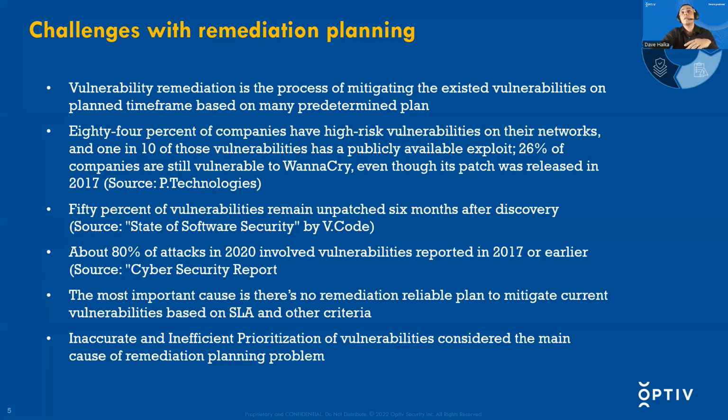Can you imagine? We still found Log4j in many companies, in many resources. And also 50% of the remaining vulnerabilities are unpatched within the last 6 months. And about 80% of the attacks in 2020, based on the cybersecurity report, involved vulnerabilities reported in 2017.